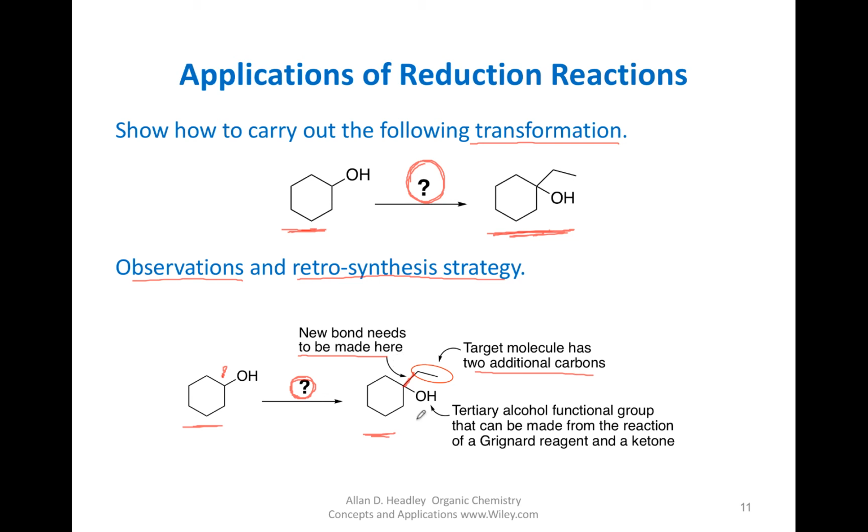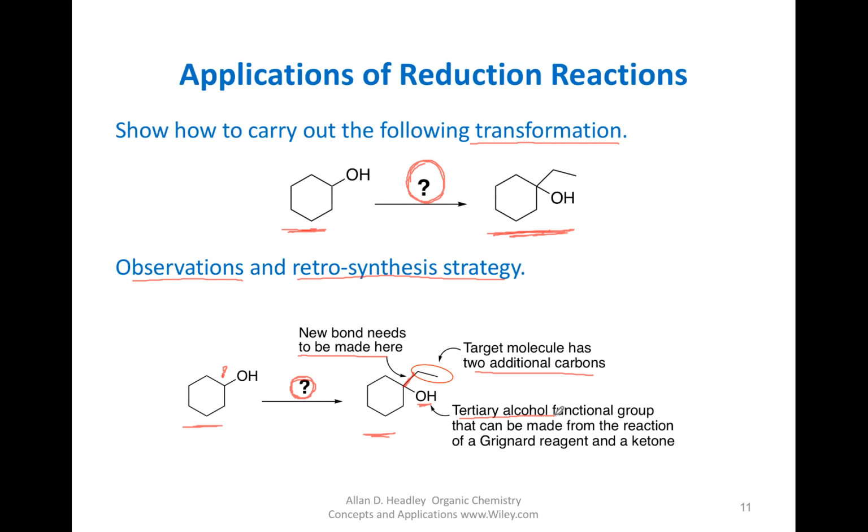Another observation is that this alcohol is a tertiary alcohol. And we just saw from the previous slide that we can make tertiary alcohols by the reduction of ketones using a Grignard reagent.